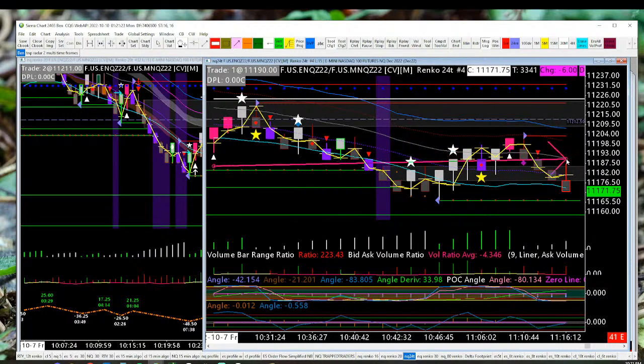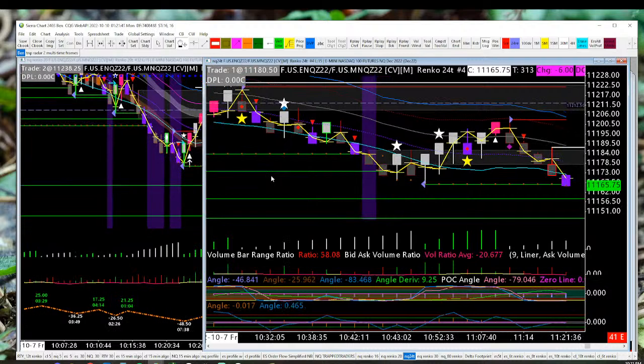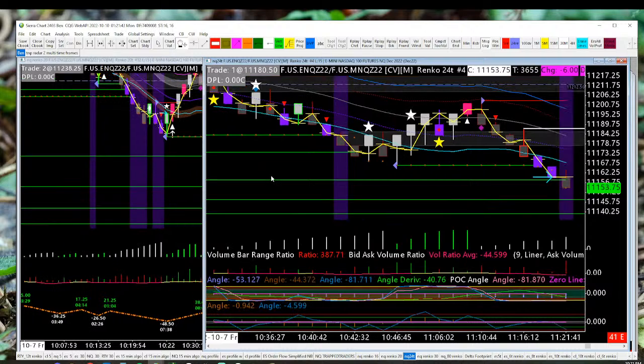That's where they do best, is above the midpoint. So what we're going to do is draw a line here, and if we can get above this line with volume developing above it, the chances that we trap shorts is higher. So now we wait and we don't do anything.